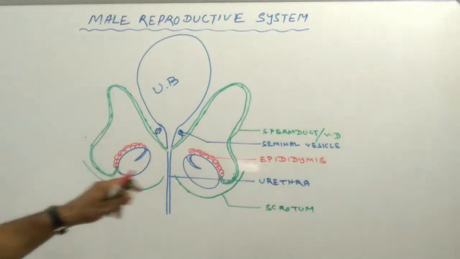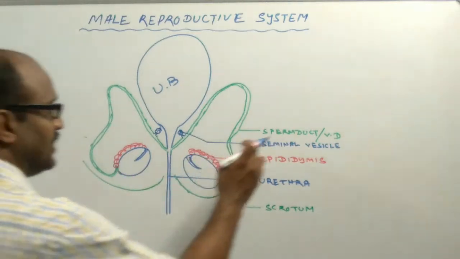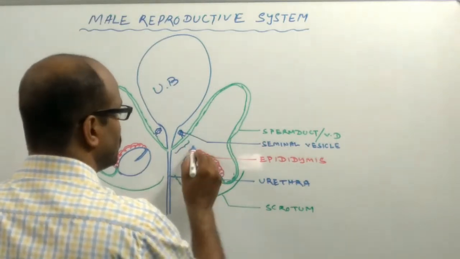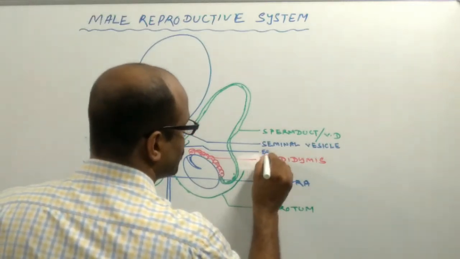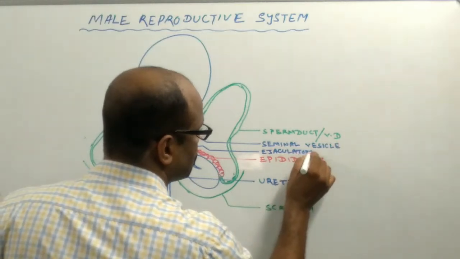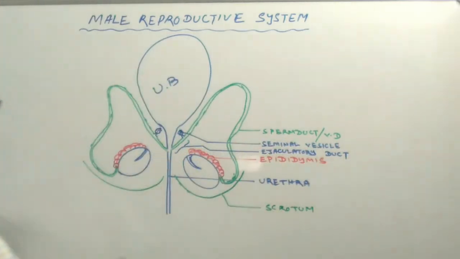After receiving the seminal vesicle, this portion of the sperm duct is known as the ejaculatory duct. This portion is known as the ejaculatory duct.